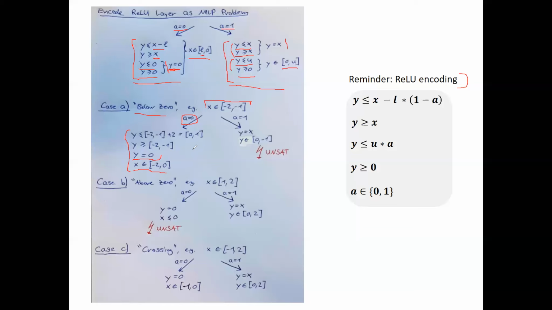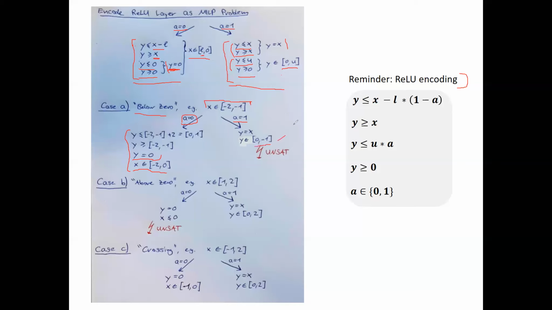a potentially satisfiable instance. Now, if a is 1, in the case where x is strictly negative in some range, if you look at the constraints up here, you know that y is equal to x. But we know that y has to be non-negative. So y needs to be between 0 and u, but u, the upper bound of x, is -1, so you'd end up with y being between 0 and -1.